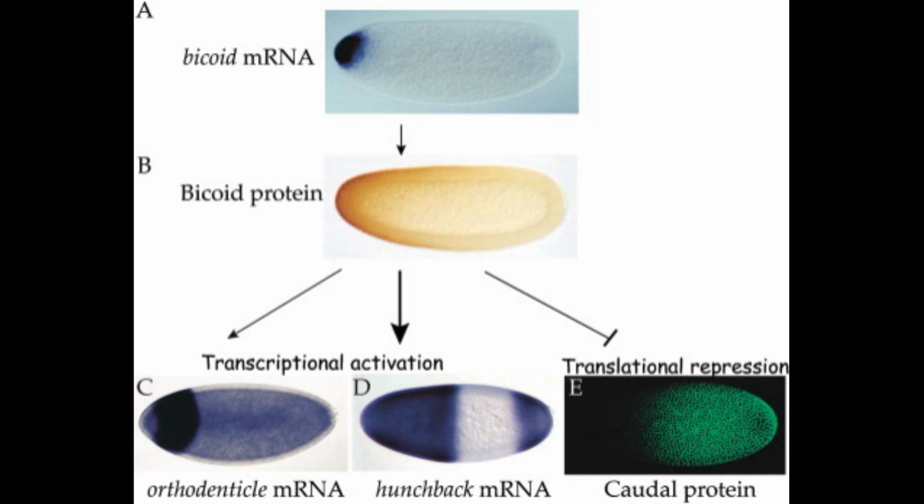A high concentration of Bicoid on one side establishes the anterior end. In other words, the region with the highest Bicoid concentration becomes the head. As one gets farther from the site of highest concentration, Bicoid concentration exponentially decreases. The region with the lowest concentration will become the tail end of the fruit fly.